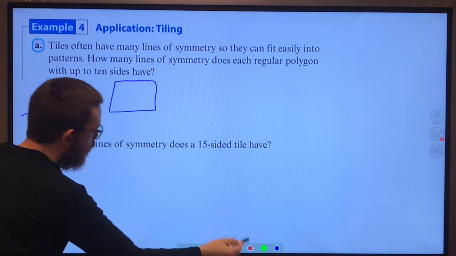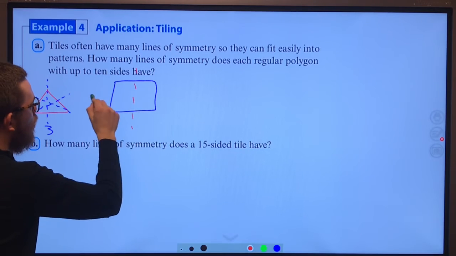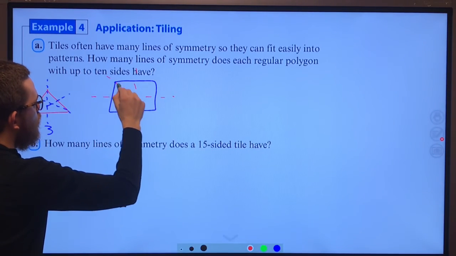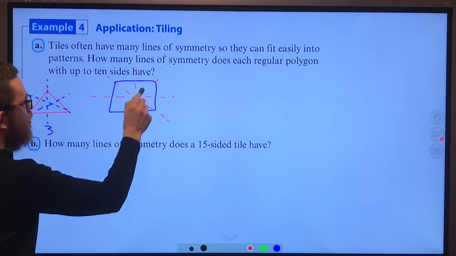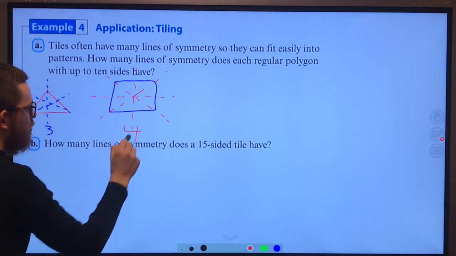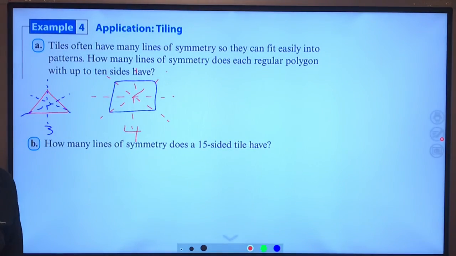If we look at a square, we've got 1, we've got 2, we've got 3, we've got 4 lines of symmetry on a square.